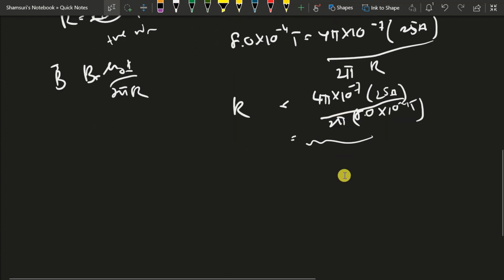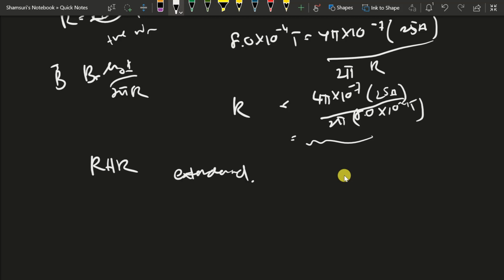Then I also introduce you to the force. It actually comes from the right hand rule again, the extended right hand rule. In the extended right hand rule, we have the palm, then you have your hand something like this.